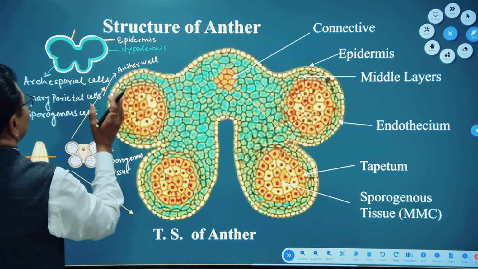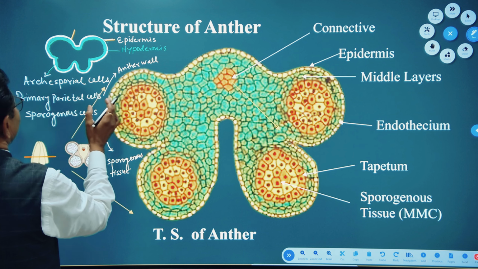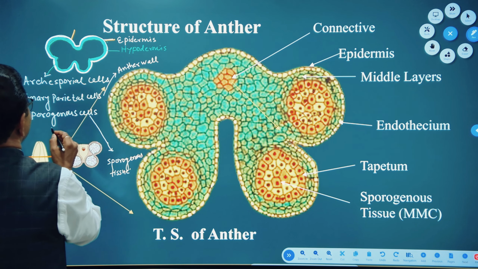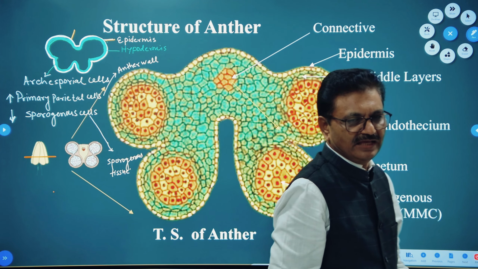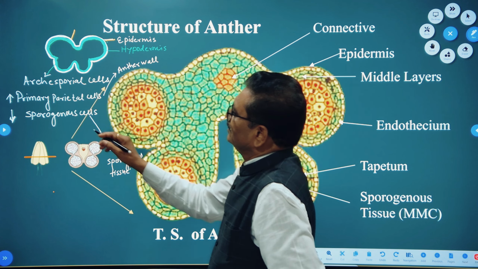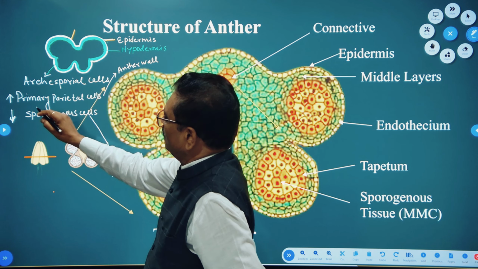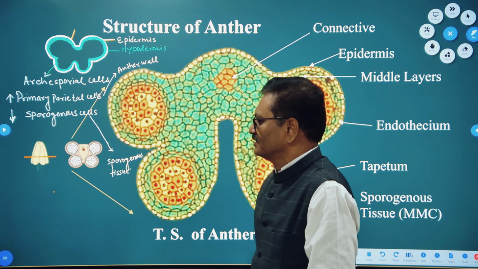Some of the hypodermal cells get differentiated into two different things: the outer primary parietal cells and the inner sporogenous cells.